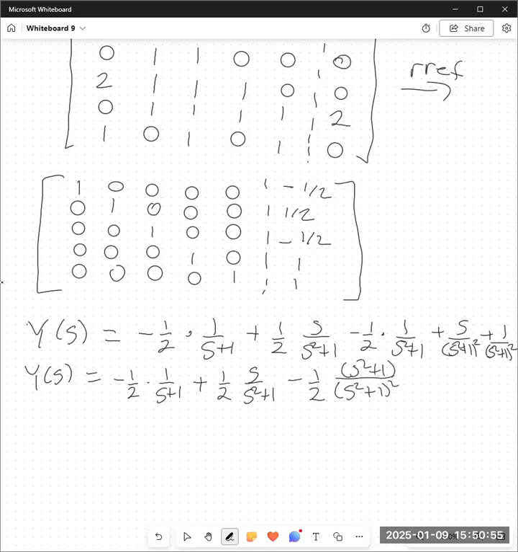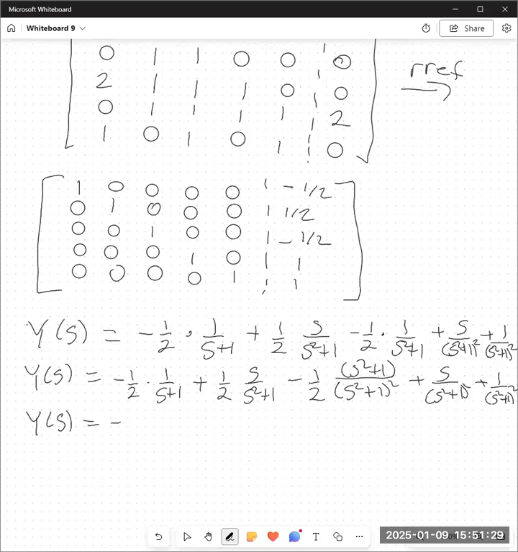So that's that term plus s over s squared plus 1 squared plus 1 over s squared plus 1 squared. So that makes y of s equal to, and let's see, I need to make another adjustment here for this one. I'll do that in just a second.